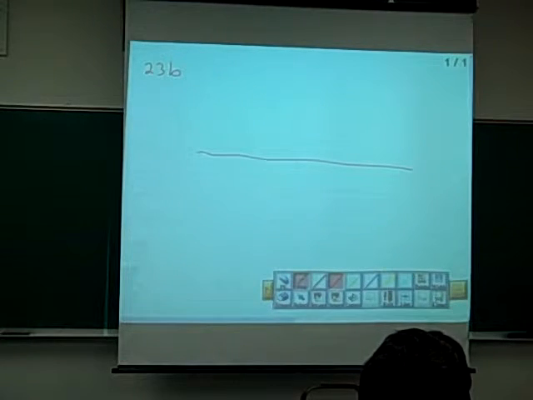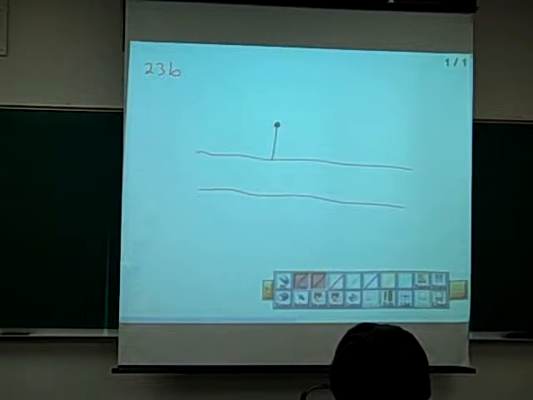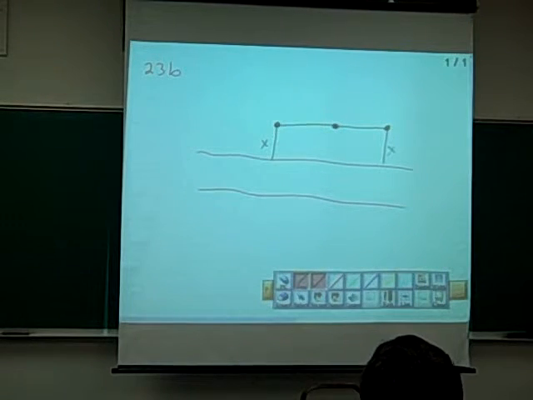Here's a river. Okay, and then we have a fence, right? And then it goes across, it has like a segment here. And we know that that's x, and that's x, right?